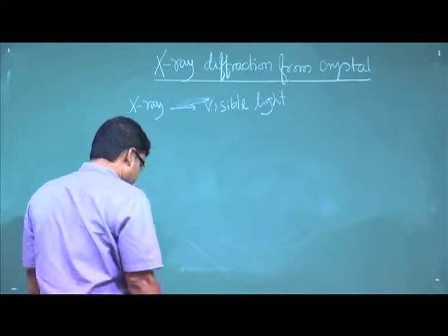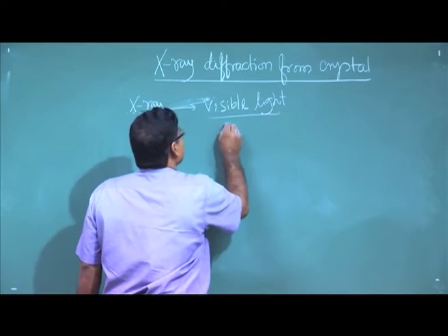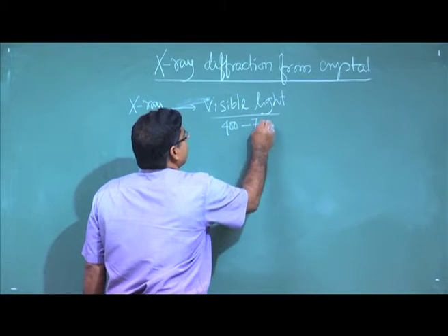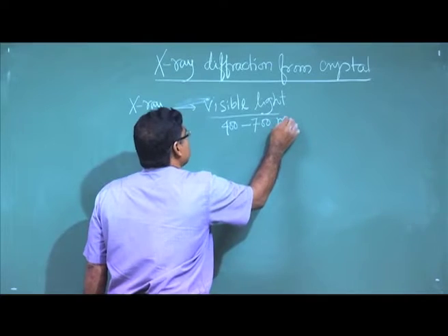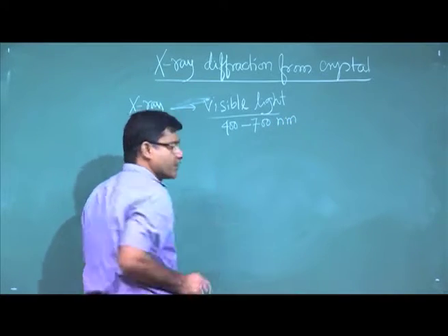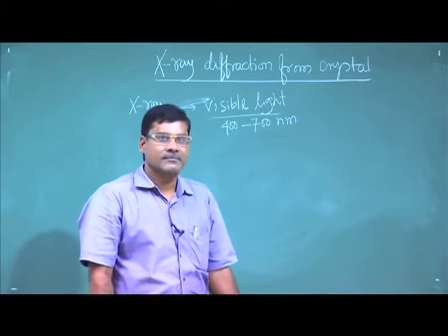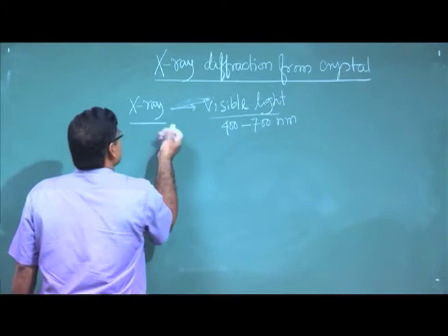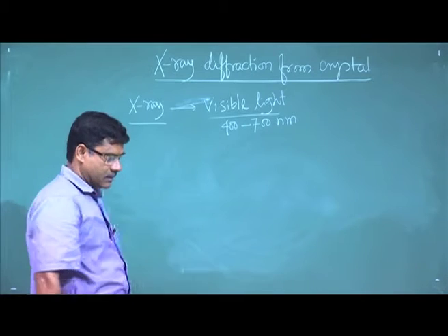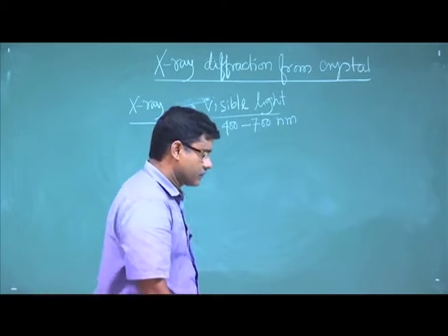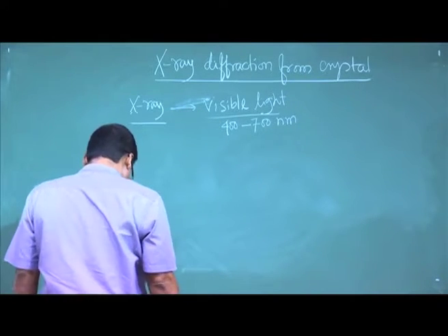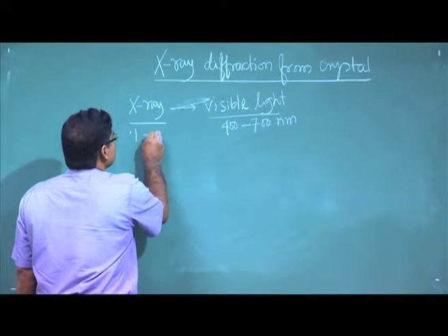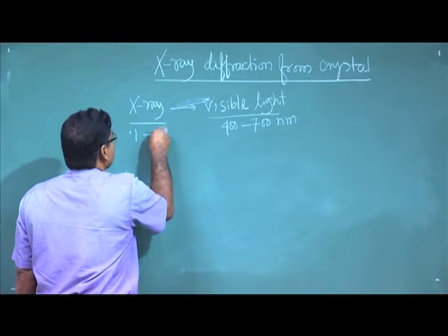So, visible light, you know, this wavelength is in the range of 400 to 700 nanometers, right. And X-ray, this wavelength is, I think, in the range of 0.1 to say 1 nanometer.